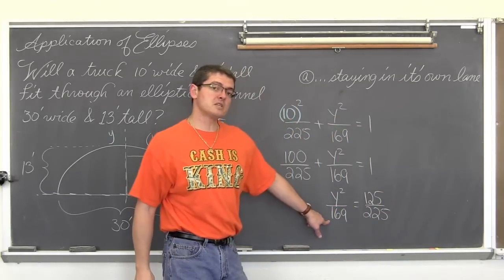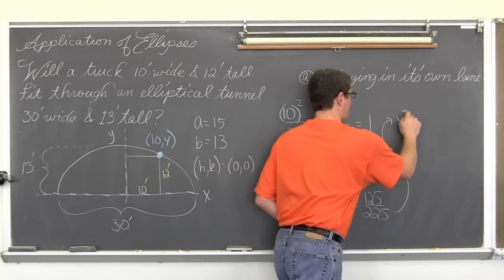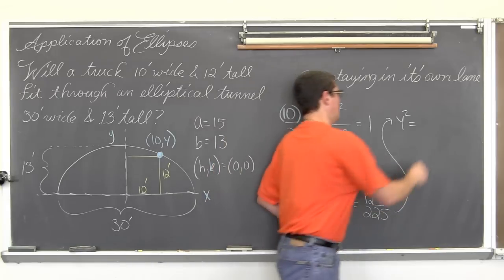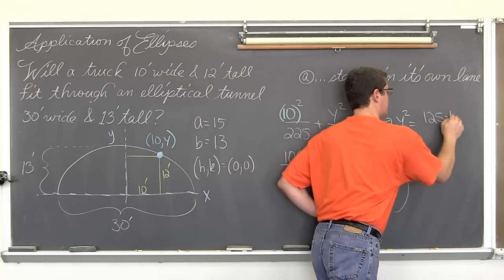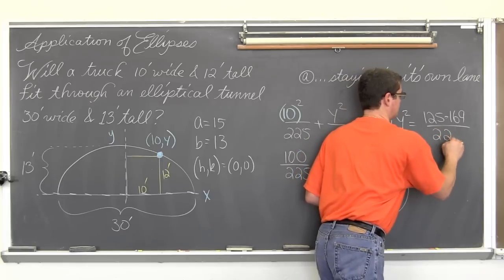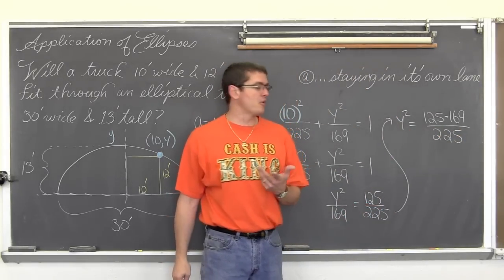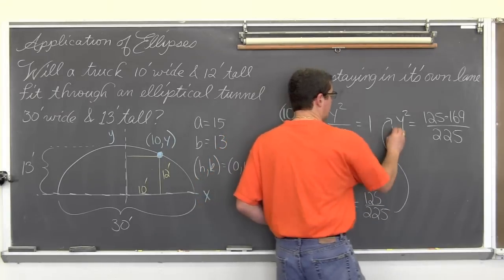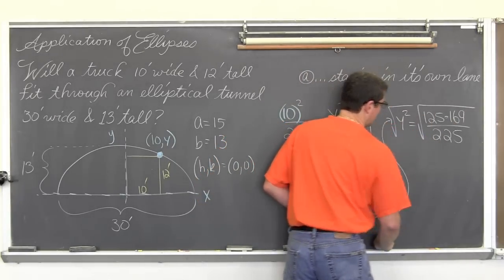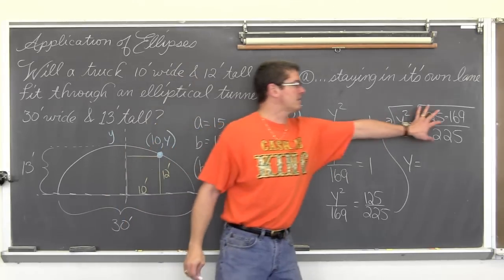We're going to multiply both sides by 169. So y squared is equal to 125 times 169 over 225. And I don't want y squared, I want y. I want the height of the bridge. So now I'm going to take the square root of both sides of this equation and get y, when typed correctly into your calculator all at once.